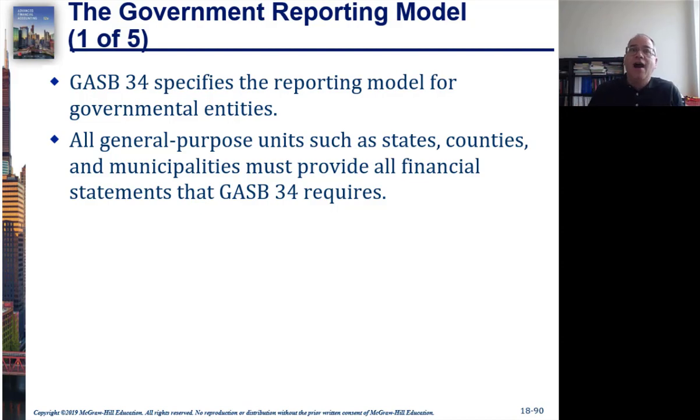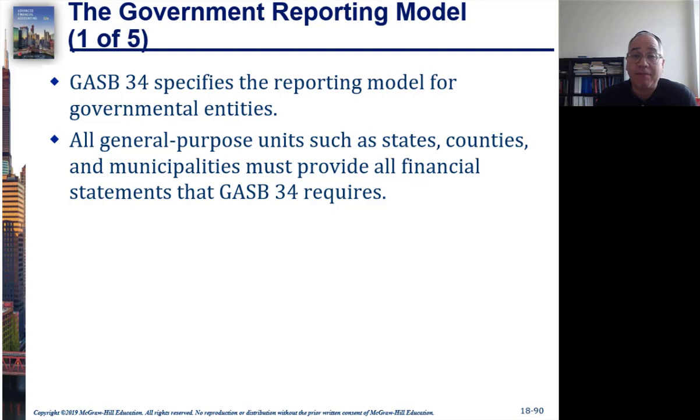Now, governments can do whatever they want because they're the government. So a government needs to make a decision as to whether or not it would follow this GASB rule, because GASB is just an organization. It's just a group of people who make decisions, and adherence to it is voluntary. But a government can make a decision, either at the state or the local level, that they're going to follow GASB GAAP and report these government-wide financial statements.